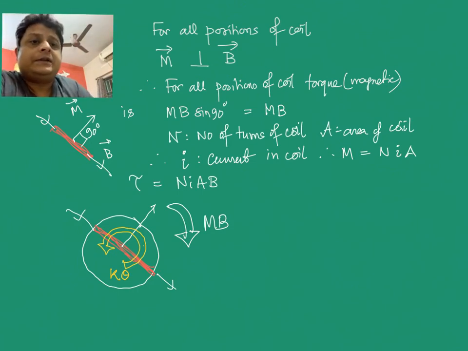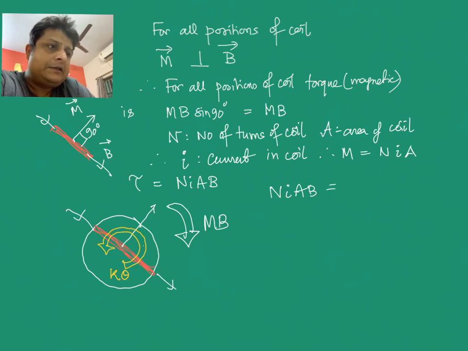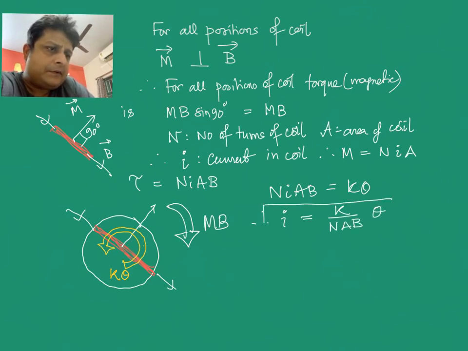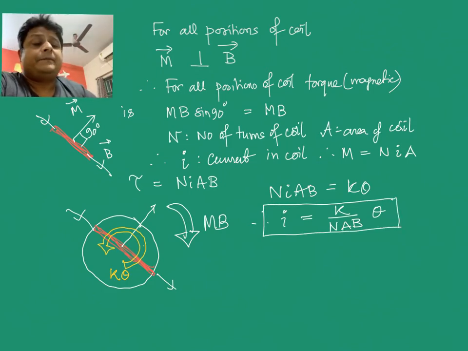These two are equal. That means we can write MB or NIAB is equal to K times theta. Therefore I is equal to K by NAB times theta. So this is how you measure the current, by measuring the deflection.